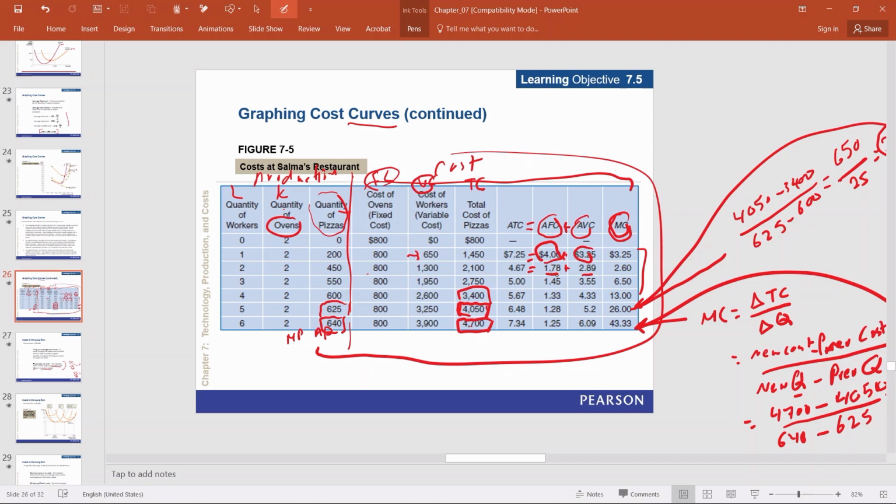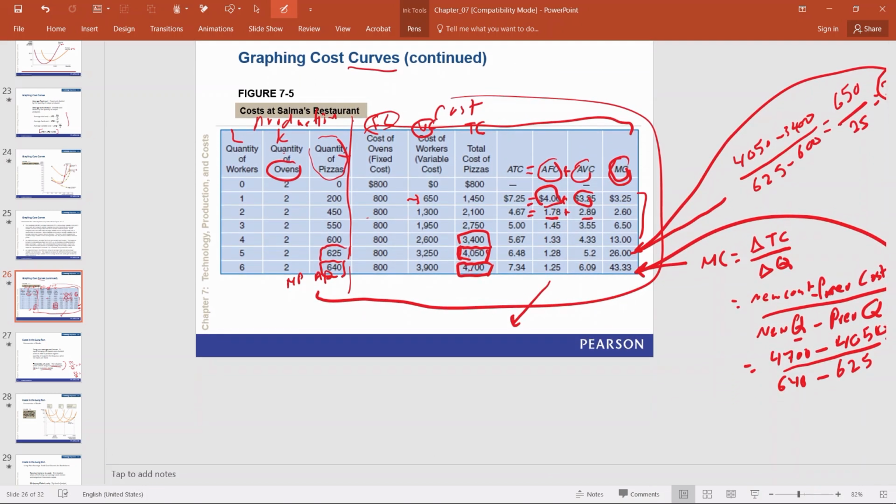It's 4, then 1.7, then 1.45, 1.3, 1.2, then 1.25. And we have drawn this before. Average fixed cost, we said that the curve is like this. So this means as you increase quantity, the average fixed cost decreases.